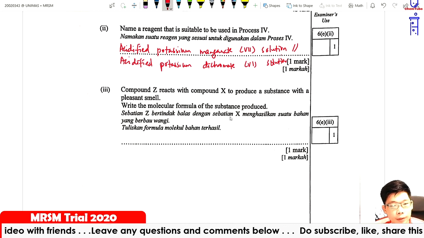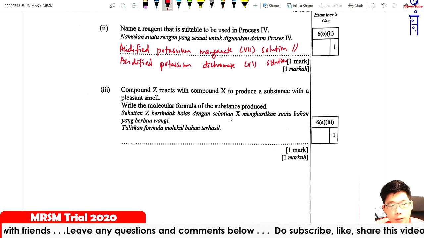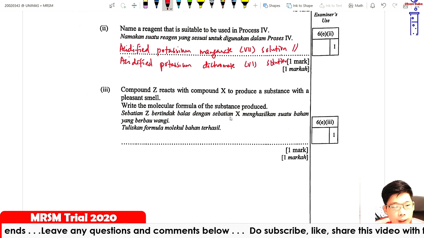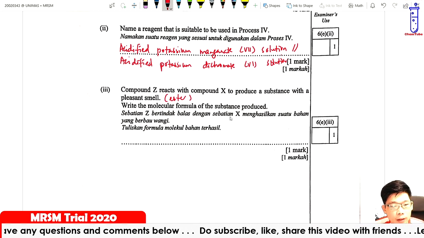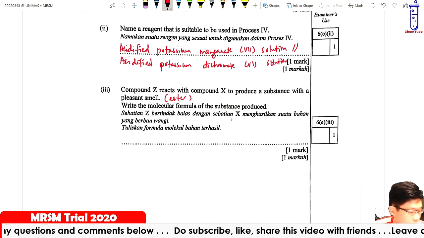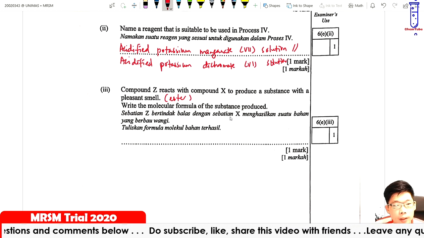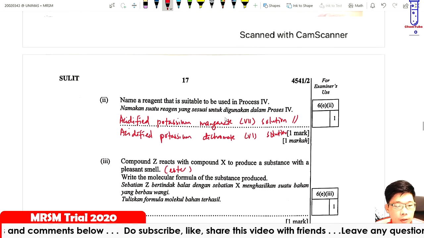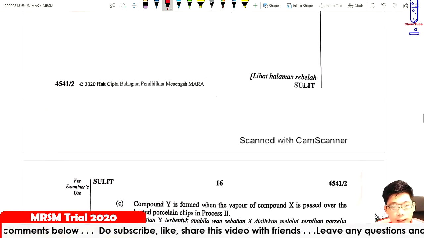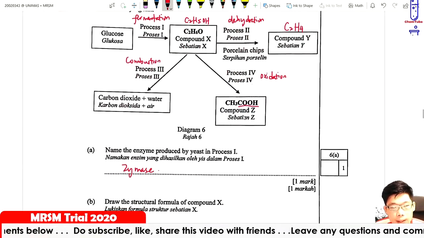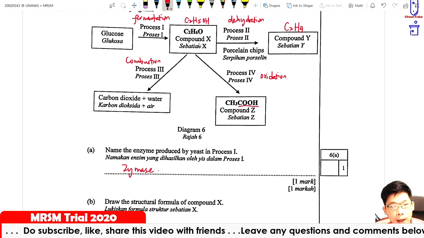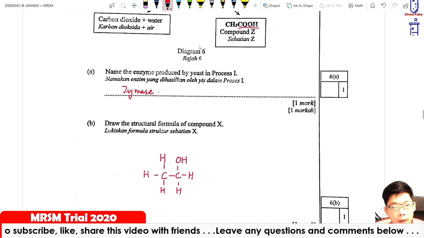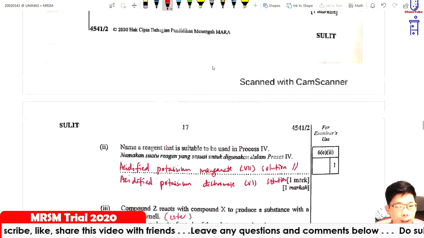Compound Z reacts with compound X to produce a substance with a pleasant smell. So pleasant smell means ester. Okay, write the molecular formula for the substance produced. So compound Z, let's look back. Compound Z is ethanoic acid. Compound X will be ethanol. So ethanol, ethanoic acid.